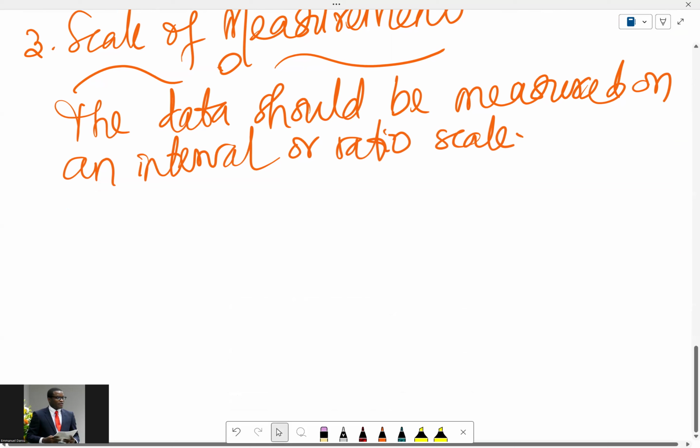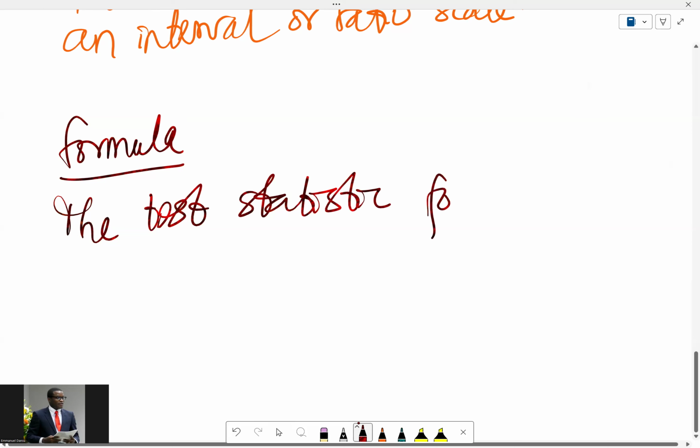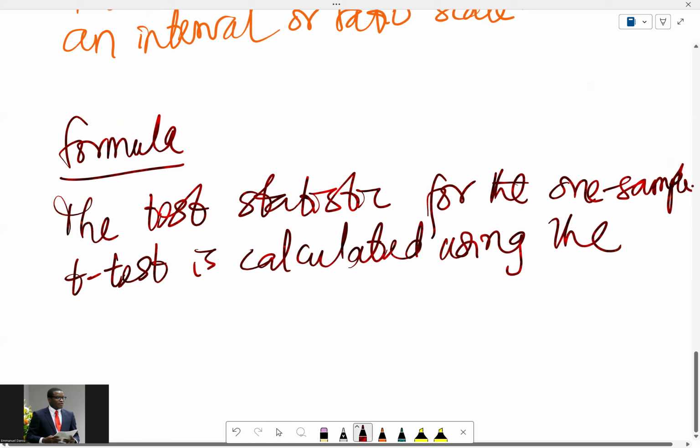So let's talk about the formula now. The test statistic for the one sample t-test is calculated using the formula.